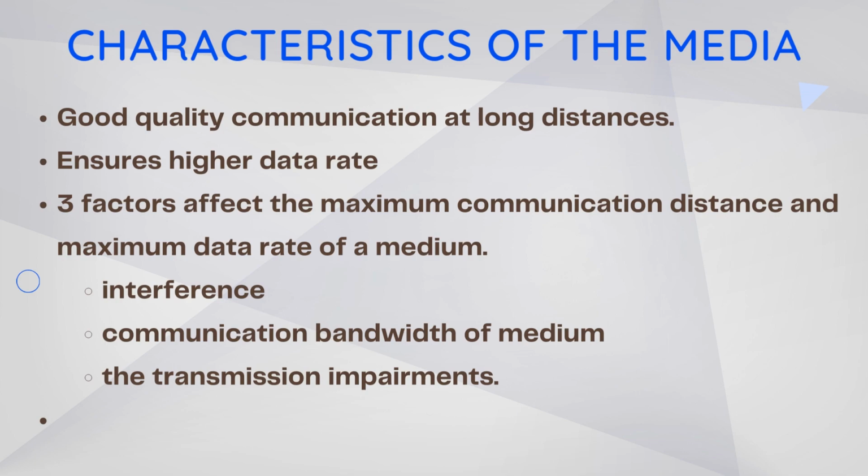That is, it determines how much data can be transmitted at a given instance. And then transmission impairments occur when the received signal is different from the transmitted signal. The transmission impairments include noises and distortion during the transmission.